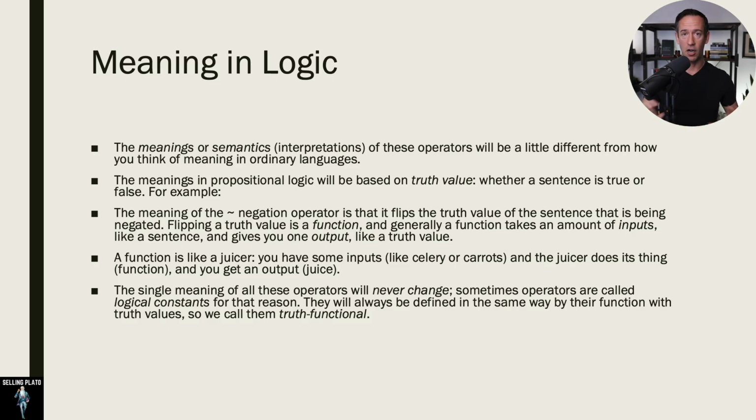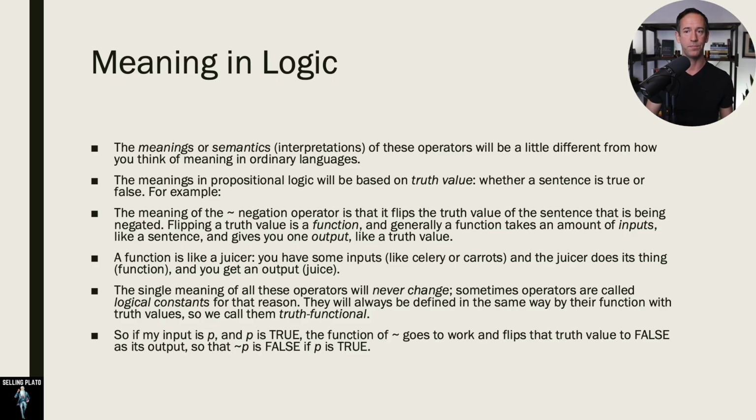The meanings are constant, they're fixed. There are a lot of important reasons for that. They will always be defined in the same way by their function with truth values. That's going to be their definition, and so for that reason, we call them truth functional. You might hear that term coming up. Now you know the reason.